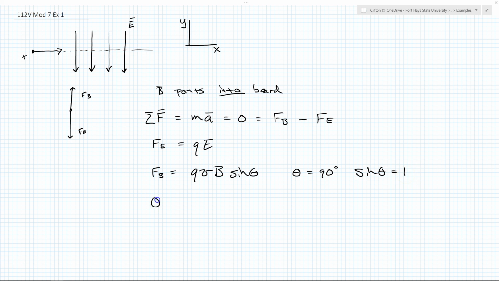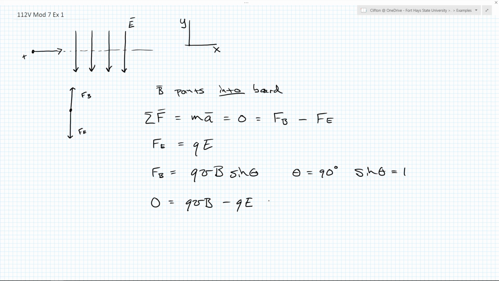Alright, so sum of all forces is equal to 0. We have a magnetic force minus an electric force. The electric field is given, the velocity is given. So we know what the electric field magnitude is, we know what the velocity magnitude is. We don't know what this charge Q is, but the charge Q is in both terms, so that means that it's going to cancel.